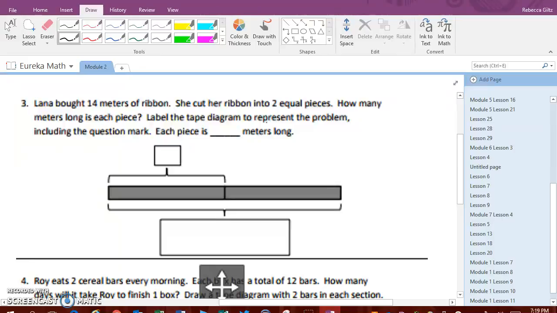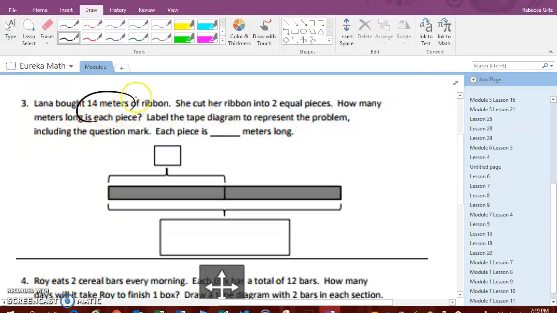Okay, so if you use the green diagram in the front of your binder or look at the poster on the back whiteboard, you can see what goes up here and what goes down here. Okay, so this long rectangle is her ribbon. How big is that total piece of ribbon? Do they tell us that in the problem?